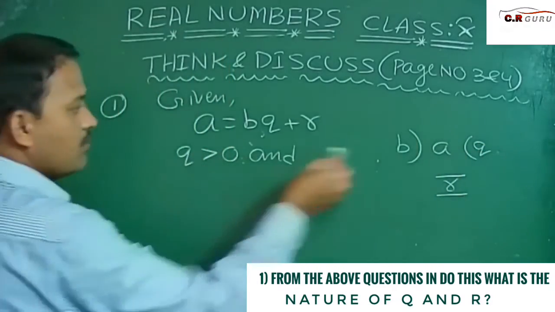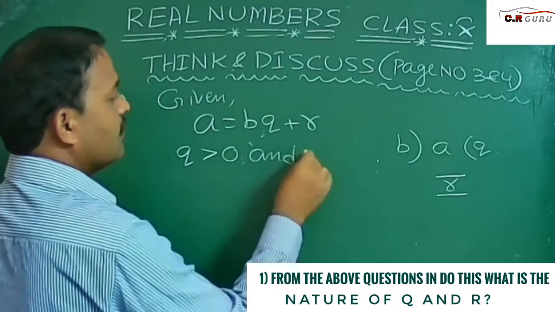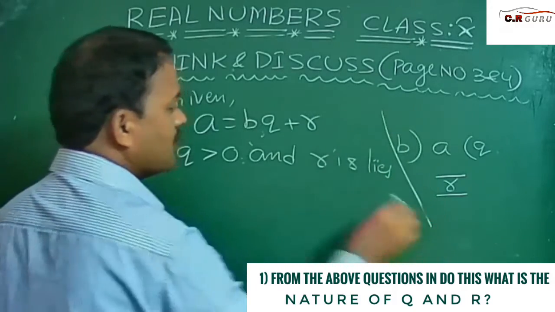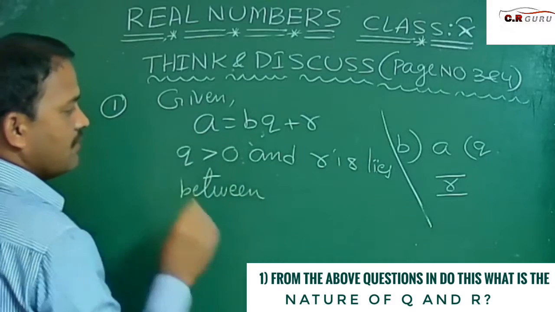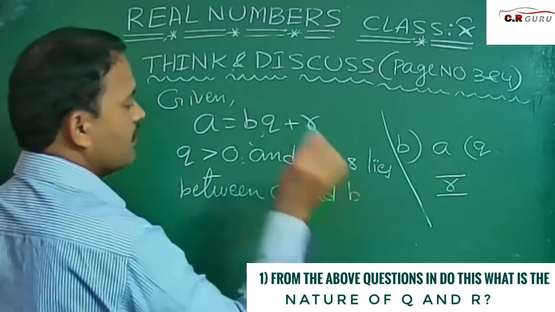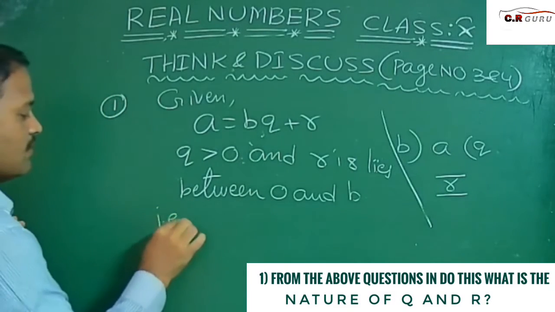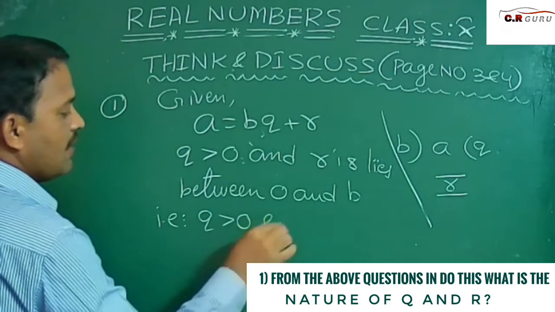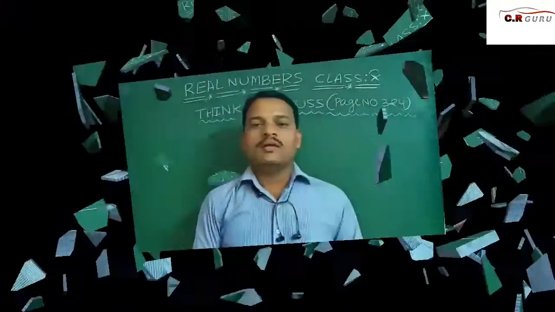Here q is always greater than 0 and r lies between 0 and b. So the simple final conclusion is that q is greater than 0 and 0 ≤ r < b.